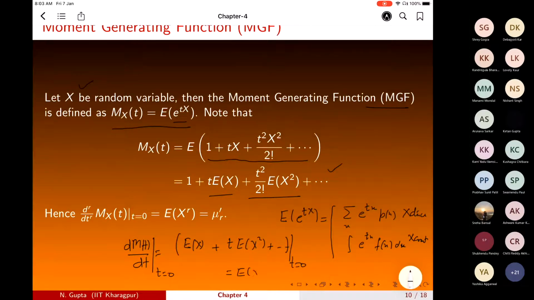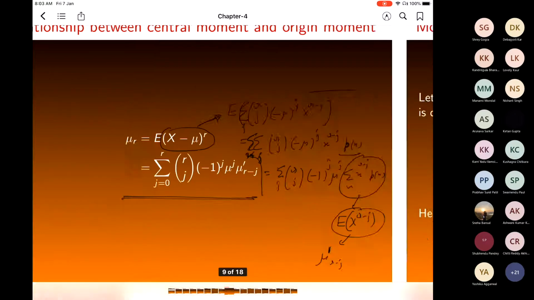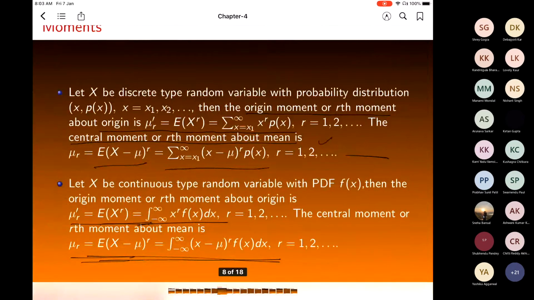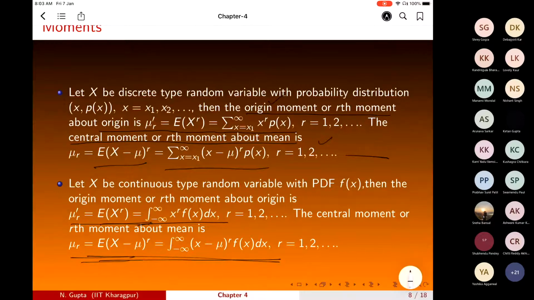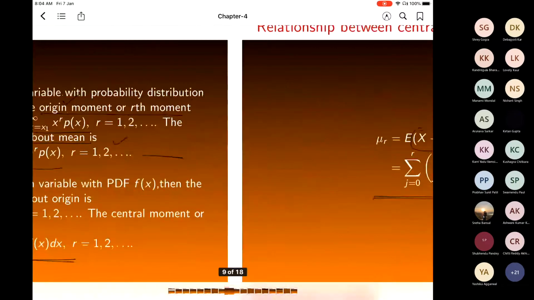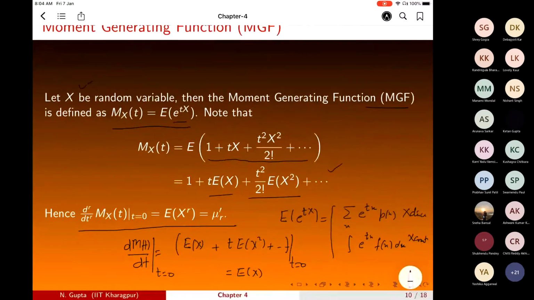So we will get expected value of X. In the same fashion, if we take the second derivative and put t equal to 0, we will get expected value of X square. So therefore we can find out here the origin moments. In this fashion we can find out the origin moment, which is denoted by mu r dash.